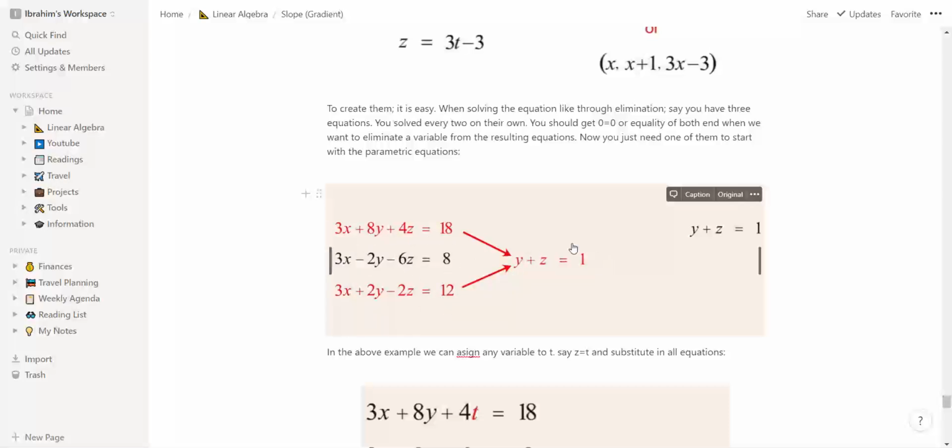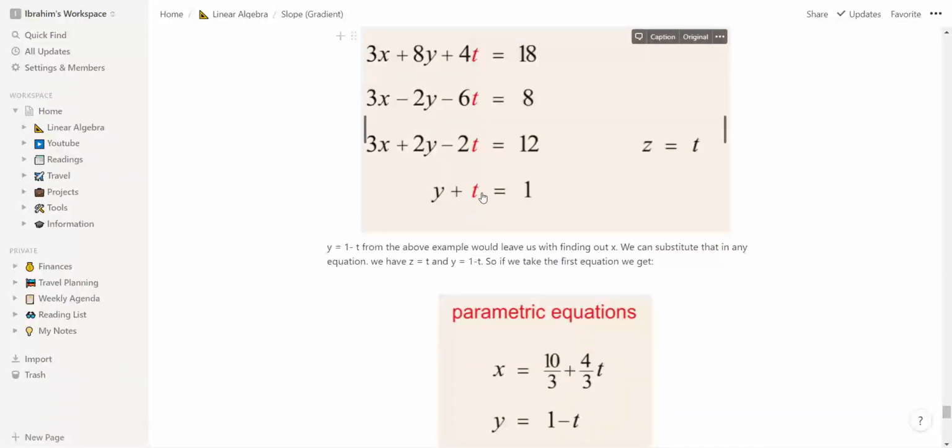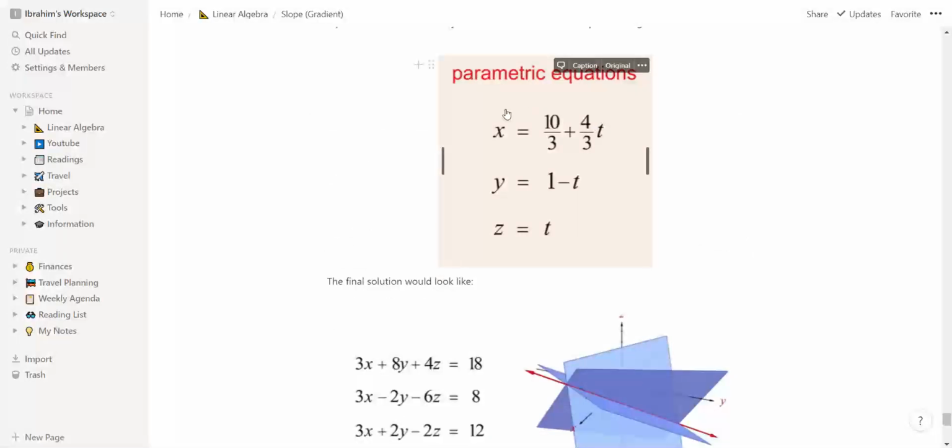Regardless, you'll always end up with y plus z equals 1 if you are eliminating x, of course. And then once you get that, you assume one of the variables equals t and substitute accordingly in our equations, and you will get the parametric equations.